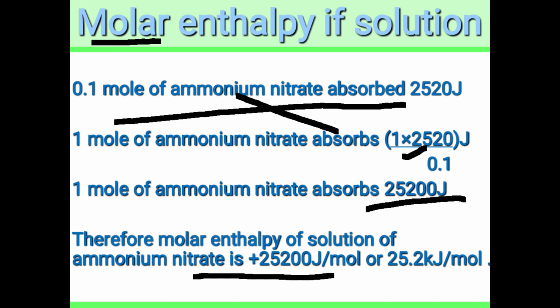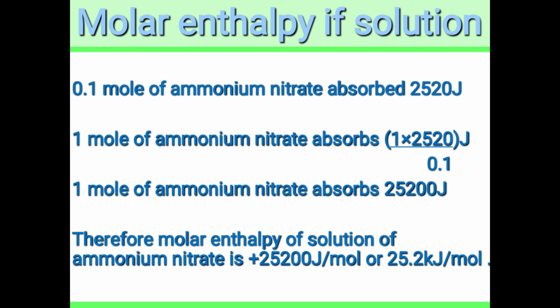So since the reaction is endothermic, we assign it a positive sign, meaning that for every 1 mole of ammonium nitrate that dissolves, this amount of heat is absorbed. If you want to convert to kilojoules, it is a matter of dividing by 1,000 and we get that.